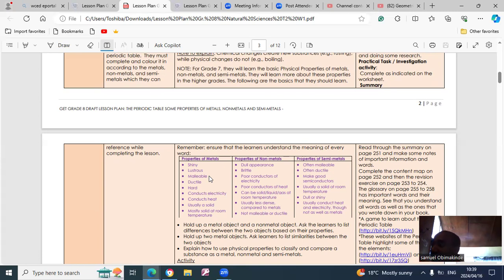So then the next property of a metal is ductility. Metals are ductile, and I will use this cable as an example, right? You can see this strand here. This cable I'm holding here is made of metal. So you can see the metal here, right?